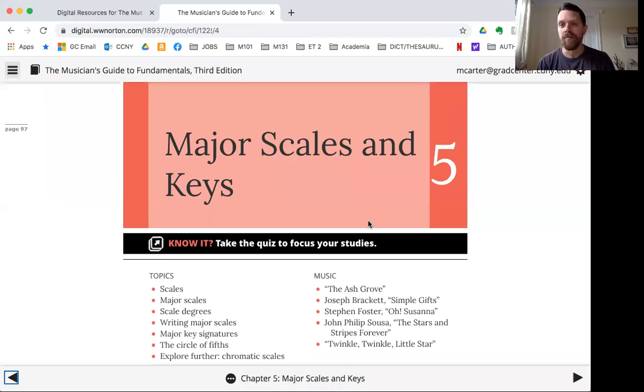And this video begins our review of Chapter 5, where we're getting into scales and keys. We've done a little bit of groundwork on this because we've talked about whole steps and half steps, things like that. We can read pitches.